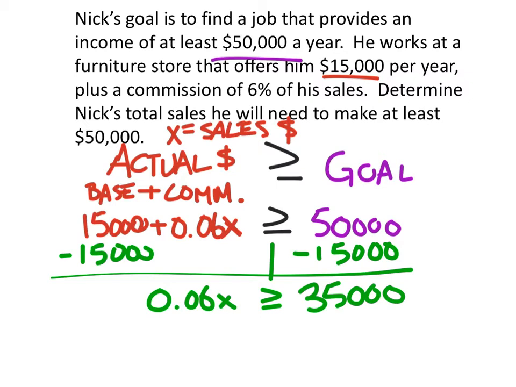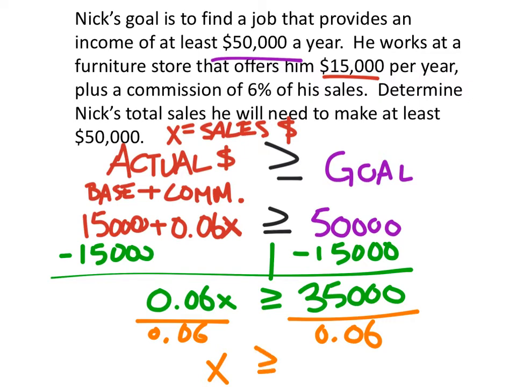And then finally, to finish this one off, you divide both sides by 0.06, that's 6%. And by the way, I turned this into a decimal. You could use the percent button on the calculator. Let me see if I can find that for you guys.